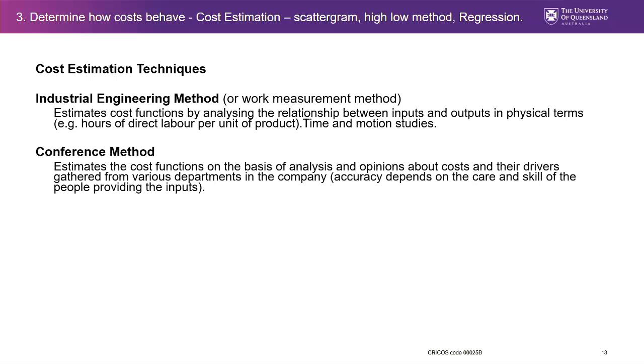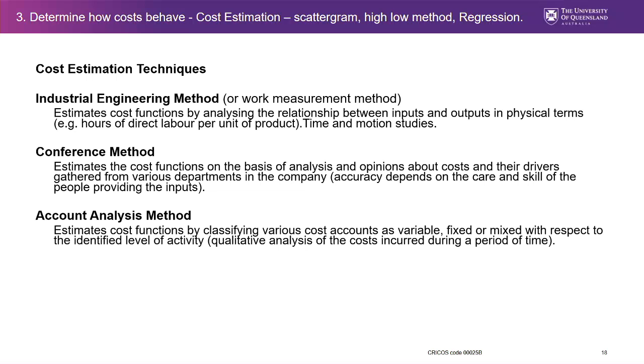A conference method is where people within the organisation who understand the processes involved sit around and get information about the costs and talk about it and come to a conclusion amongst each other about how those costs are behaving.